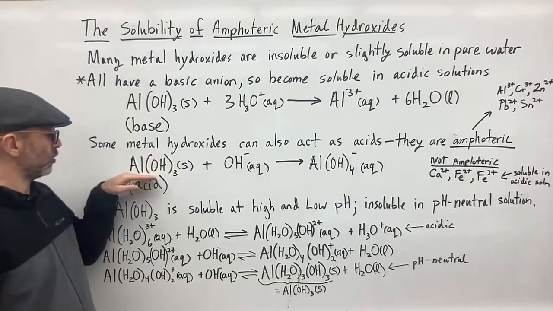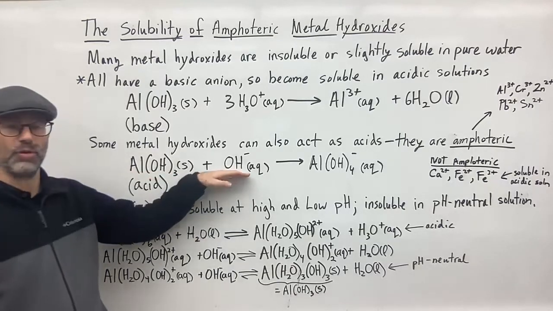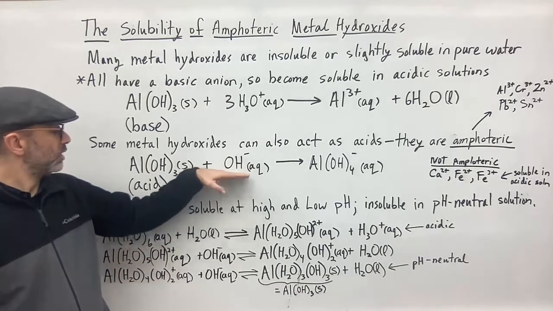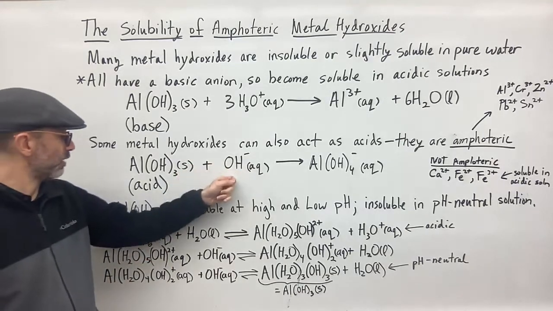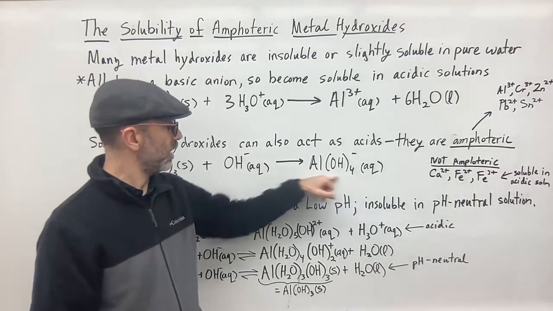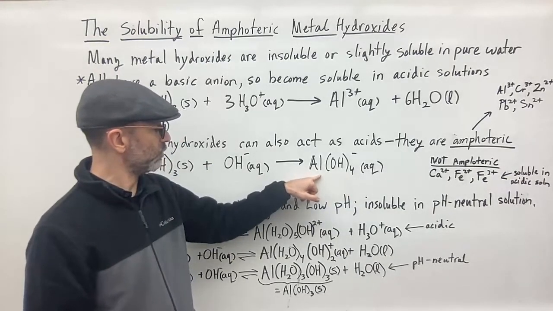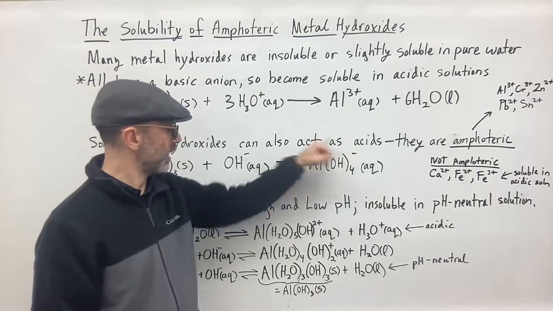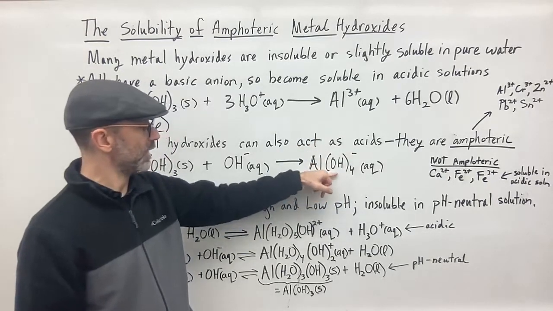So here we have our aluminum hydroxide solid. If you add more hydroxide to the solution, then the hydroxide will combine here with the aluminum, forming another complex where you have aluminum and 4 hydroxide ions bound together in this complex ion here.